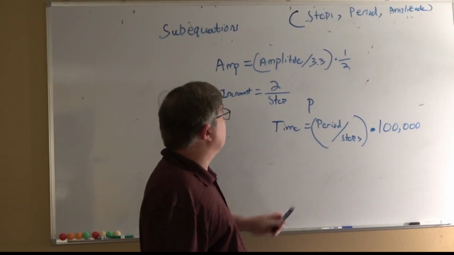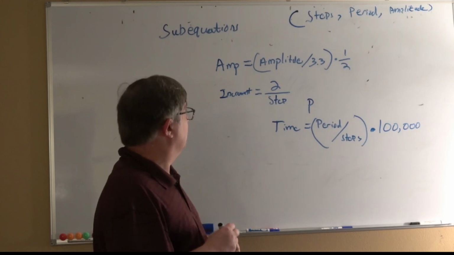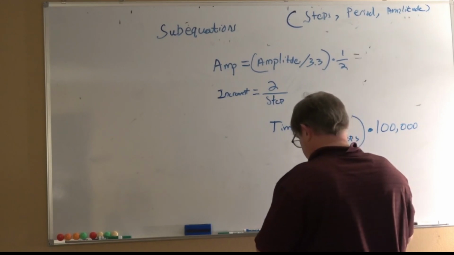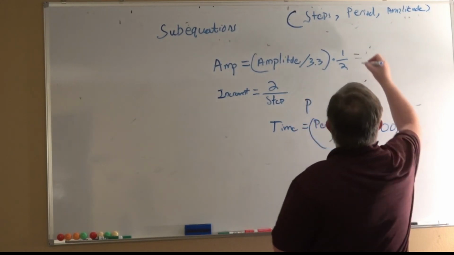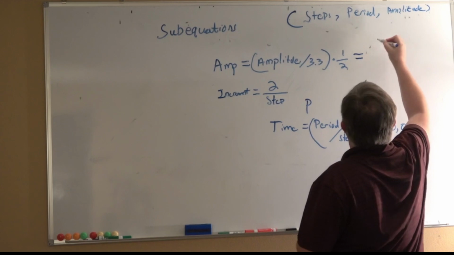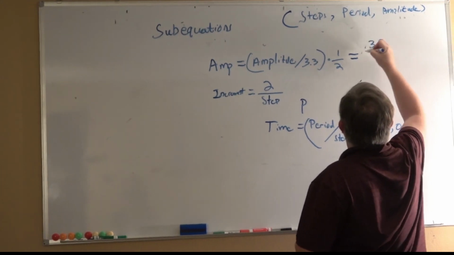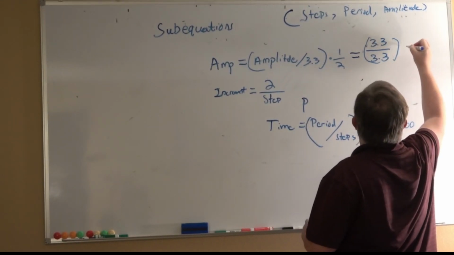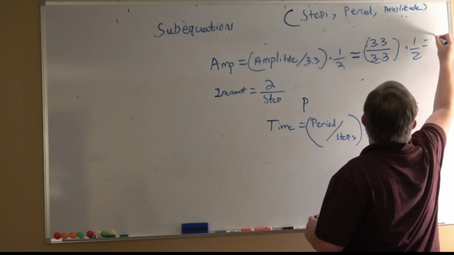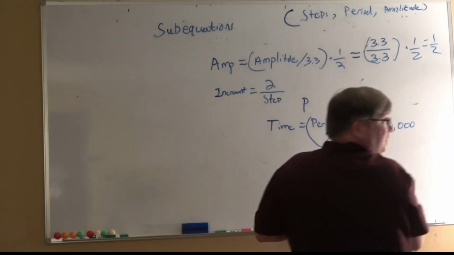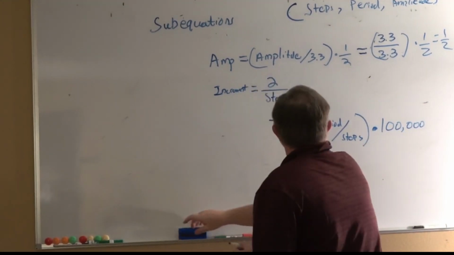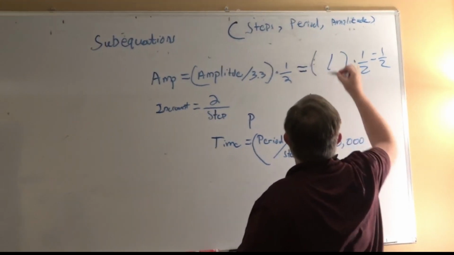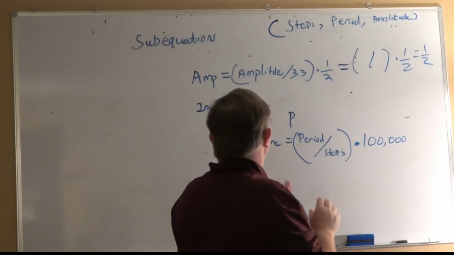So your maximum amplitude: if amplitude is 3.3, then 3.3 over 3.3 becomes 1, times 1/2 equals 1/2. Does everyone see that? Okay, so that's your amplitude.